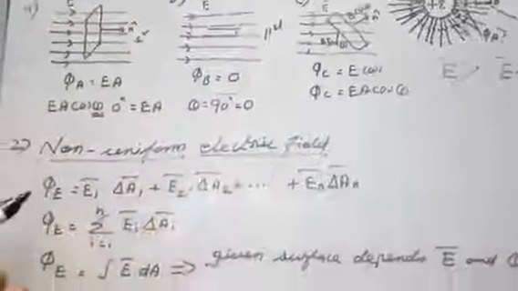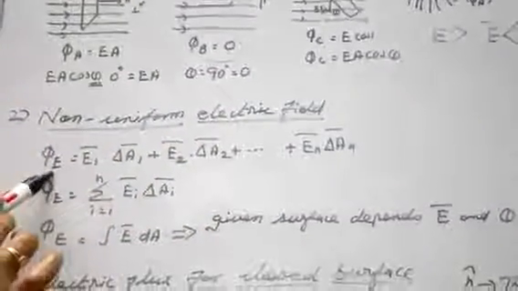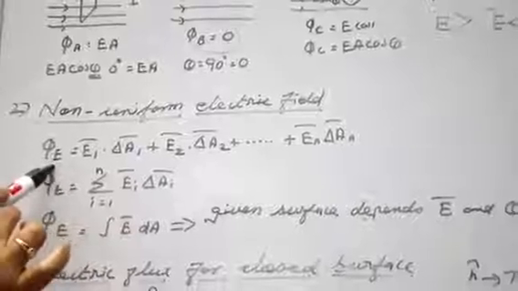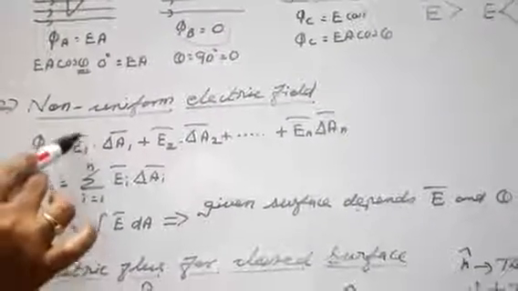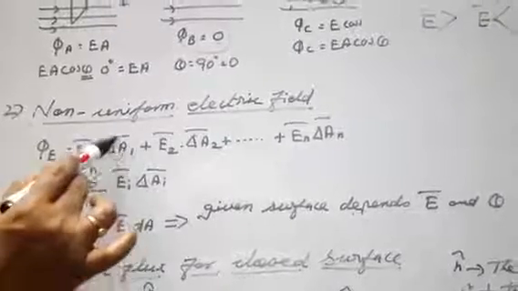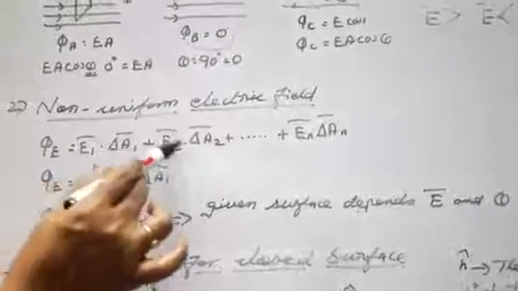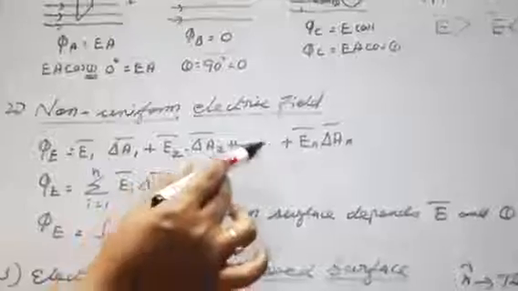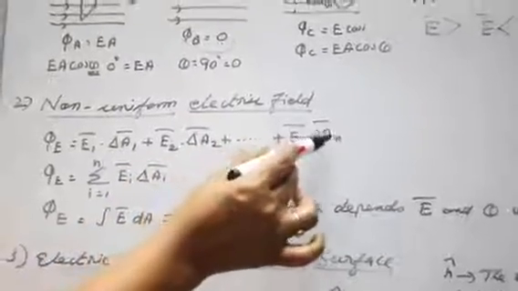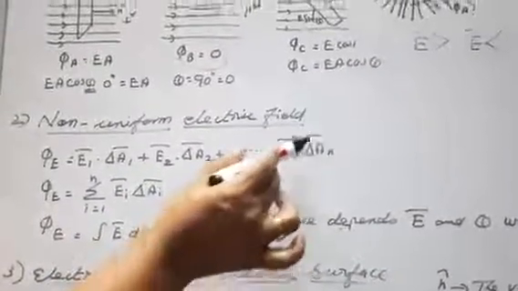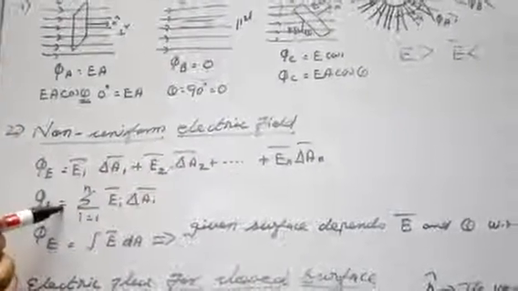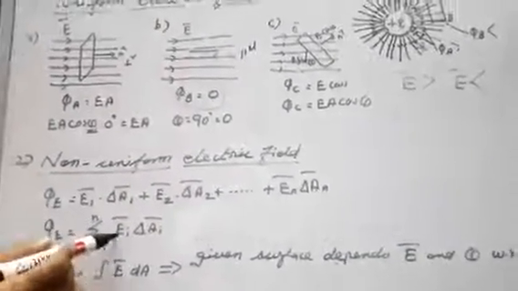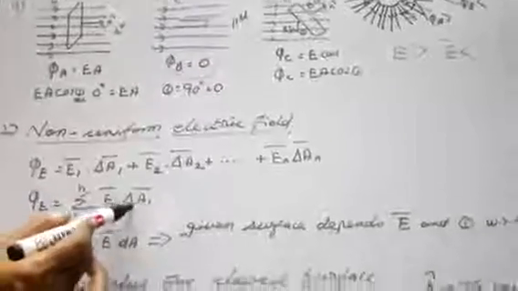Suppose we calculate electric flux in a non-uniform electric field. The total flux phi E equals E1 vector dot delta A1 vector plus E2 vector dot delta A2 vector and so on, plus En vector dot delta An vector. So the total electric flux is the summation over i equals 1 to n of Ei vector dot delta Ai vector.